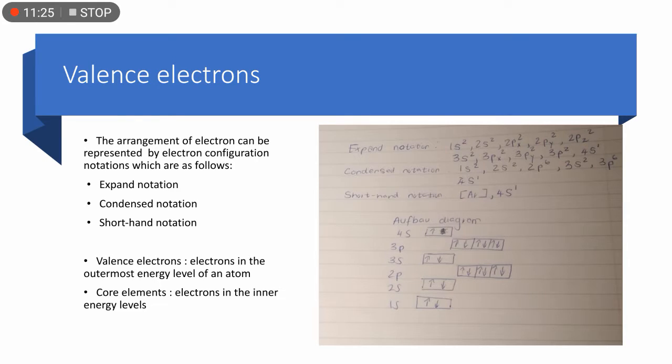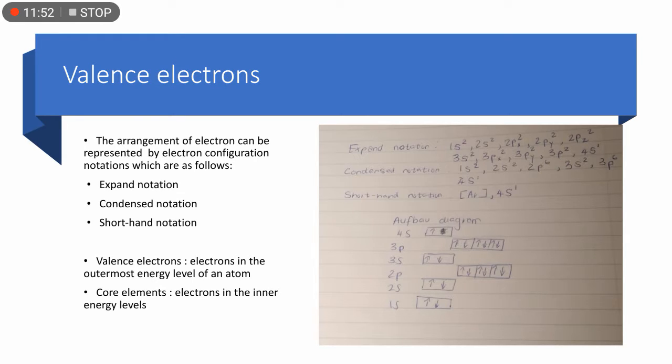Okay, moving on to the third energy level, we see that there is an s orbital which is occupied by 2 electrons. We have a p orbital which is occupied by 6 electrons. This p orbital is the same scenario as the p orbital on the second energy level.